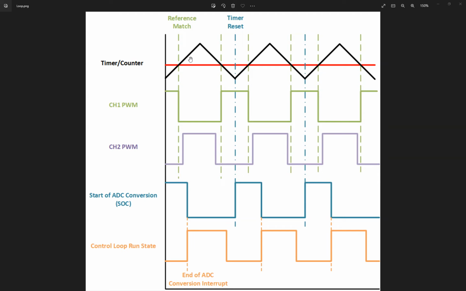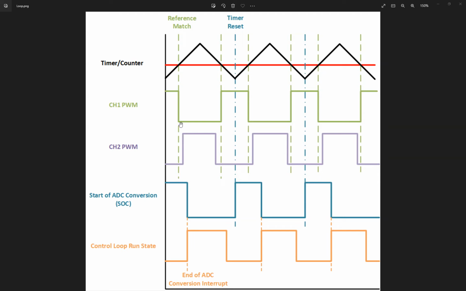So in the up counting mode, whenever it crosses the reference value, the first channel will turn from 1 to 0 at this point. Similarly, as the signals are inverted, at this time channel 2 will turn from 0 to 1.